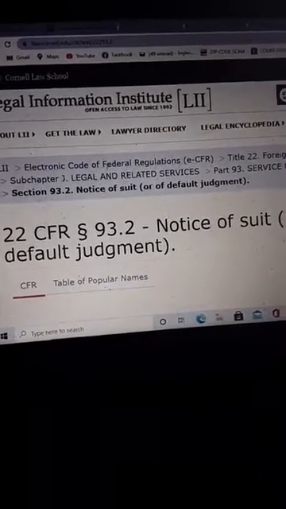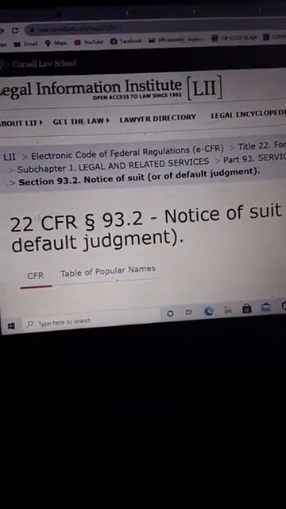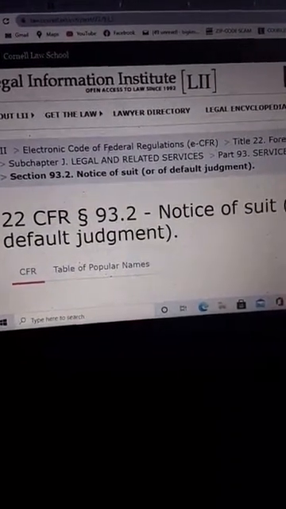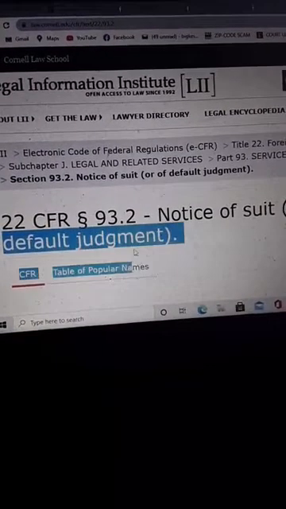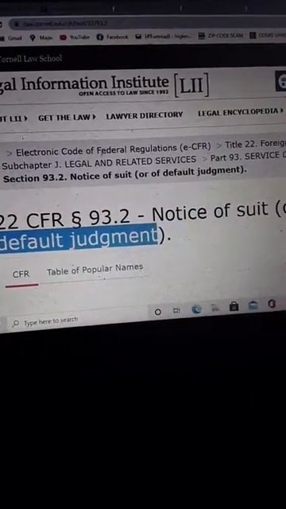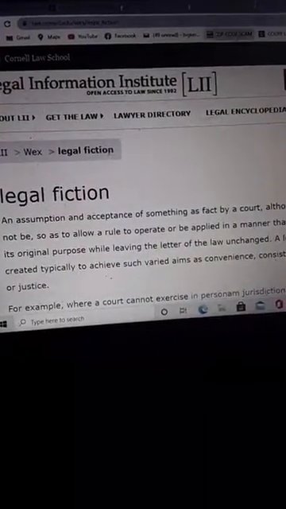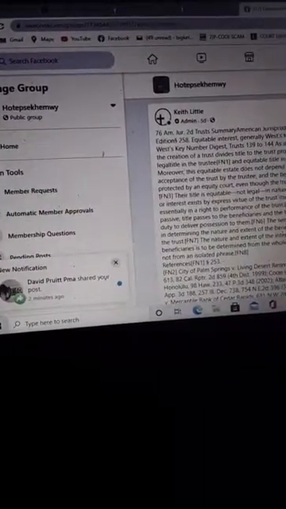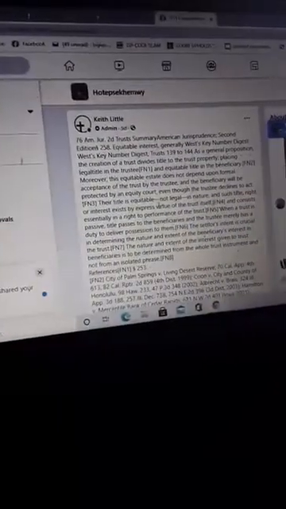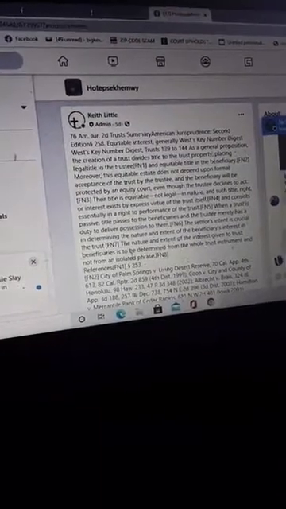That's where the state is supposed to notify the United States of a corporate default judgment in reference to the legal entity, the legal fiction that they are serving in their legal process. But they are serving Joyce and saying she is the trustee when she in fact is not the trustee.